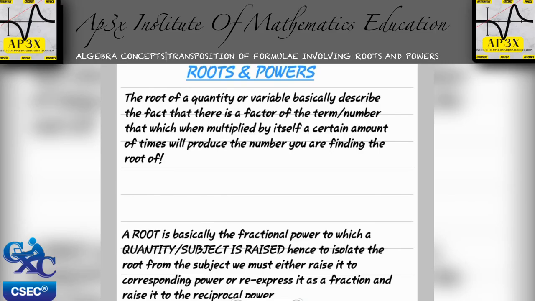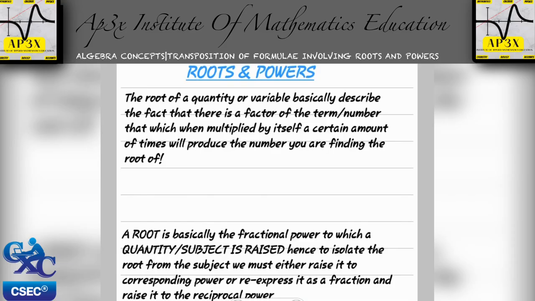By my definition, the root of a quantity, or it can be a variable, describes the fact that there is a factor of that number which, when multiplied by itself a certain number of times, will produce the number that you're trying to find the root of.